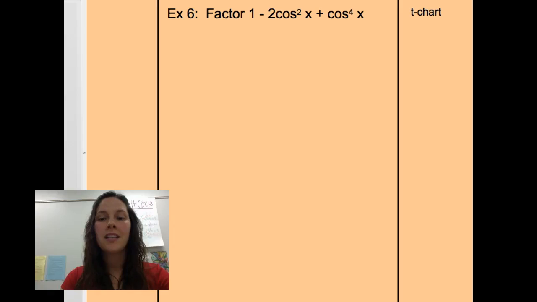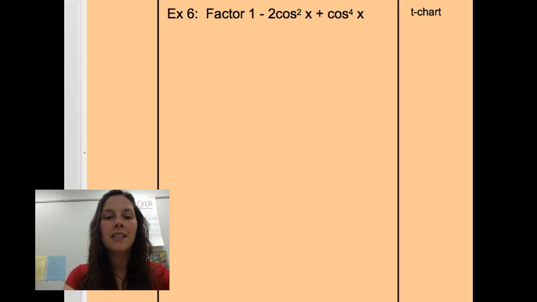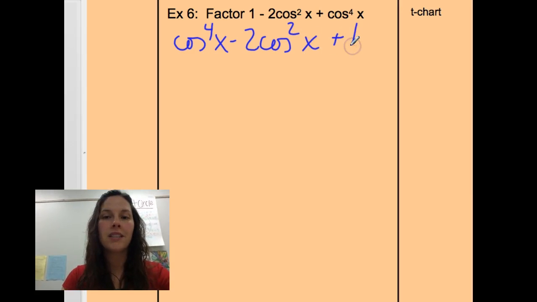Next, this is a t-chart. I'm going to flip this around so it's in standard form. This is the same as cosine to the fourth minus 2 cosine squared plus 1. When it's in standard form, it's a little bit easier to see the relationship. So again, I'm going to rewrite this like a quadratic expression you might be more familiar with.